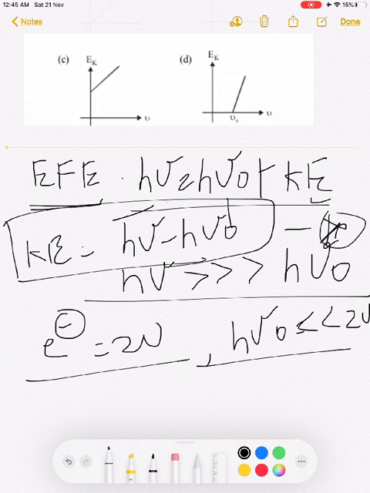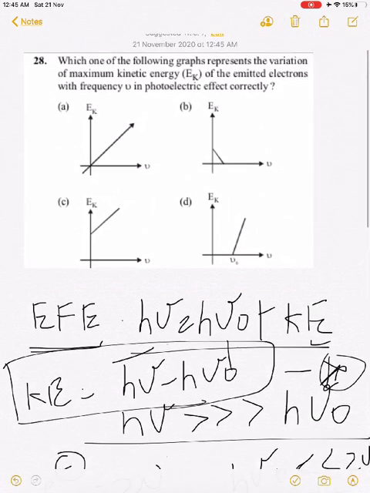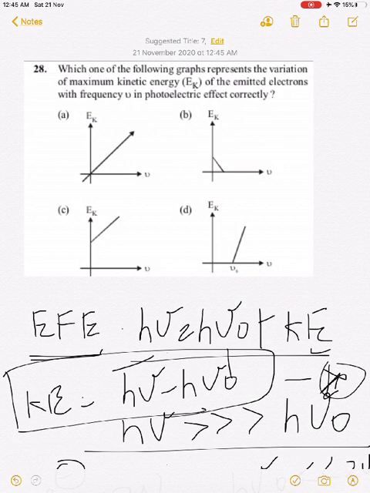After seeing the graphs shown in the options, we can conclude that graph 4, or option 4, is the correct answer. Okay, thank you.